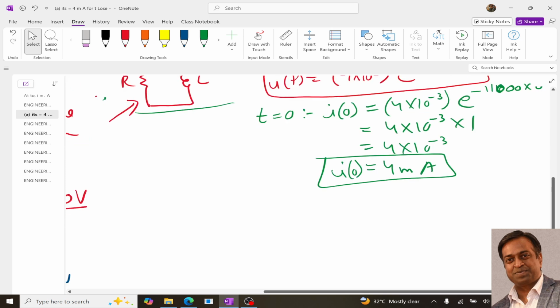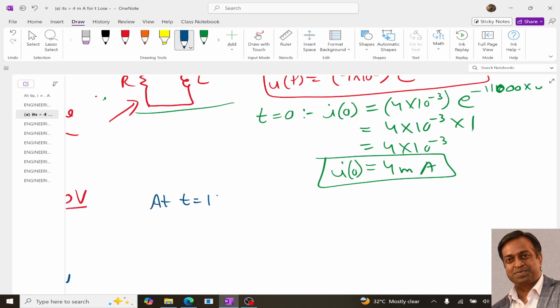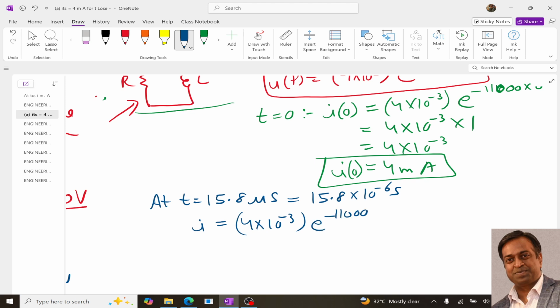At t equals 15.8 microseconds, meaning 15.8 into 10 power minus 6 seconds, our I will be equal to 4 into 10 power minus 3 e power minus 11,000 into t, where t is this 15.8 into 10 power minus 6.